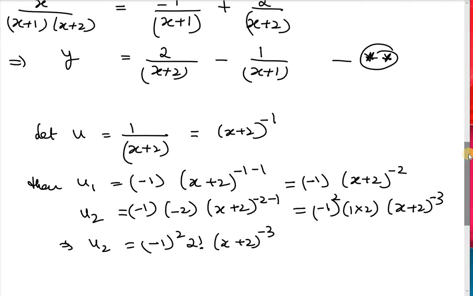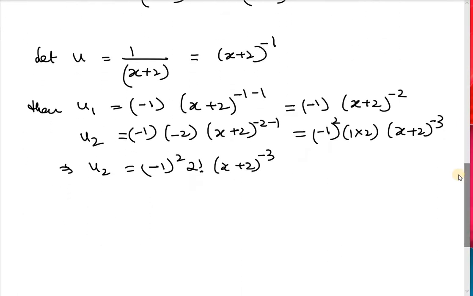Now next, let us find one more derivative of this one, that is u3. Now what is u3? You differentiate this u2 one more time, then that constant term will remain as it is, (-1)^2, then into 2 factorial will remain as it is.